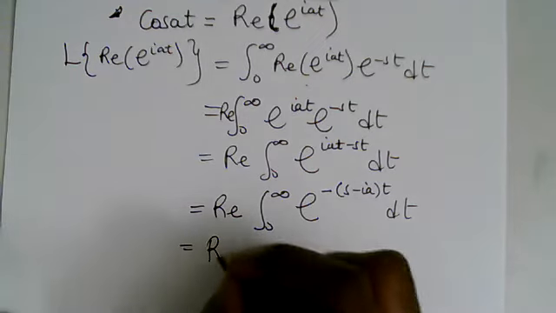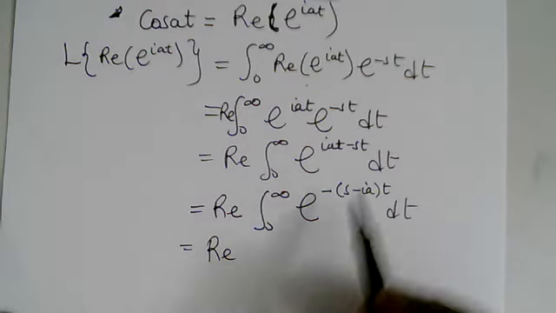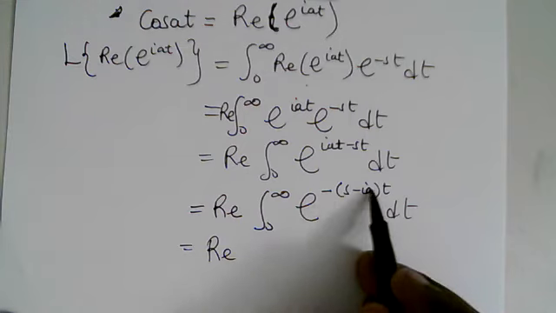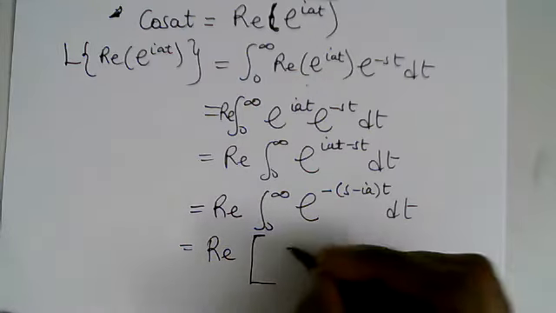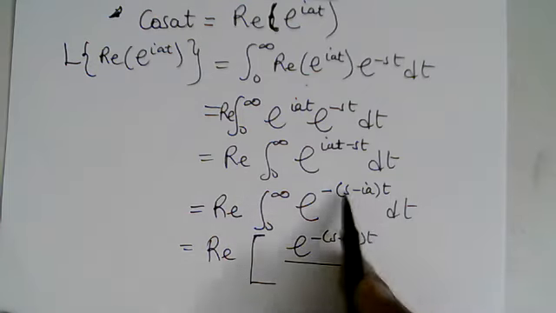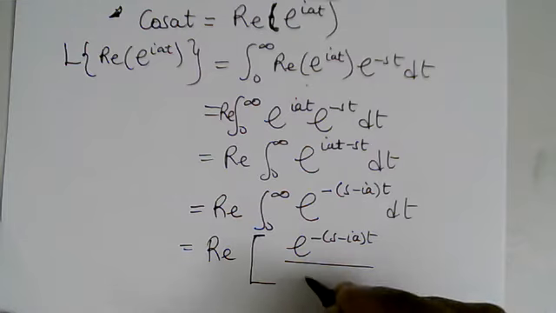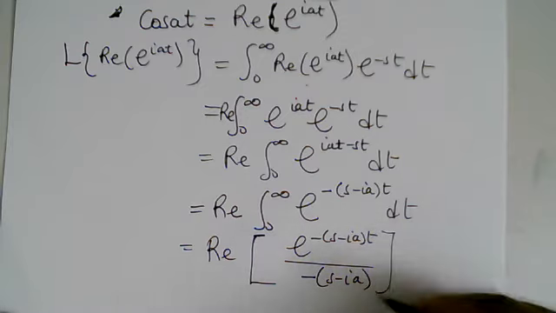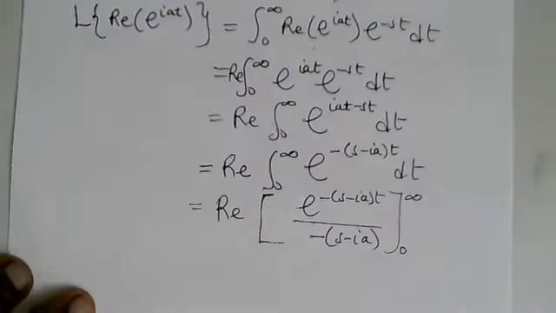Now the next step is to integrate this improper integral, and we all know how to integrate an exponential function: you differentiate the exponent and then divide the result. So this is my original function, and when I differentiate the exponent, I have minus into the bracket s minus ia, and I divide by that. Then I bring in my limits from 0 to infinity.